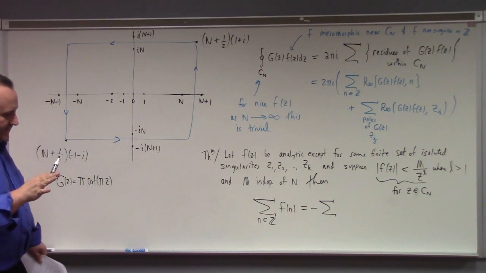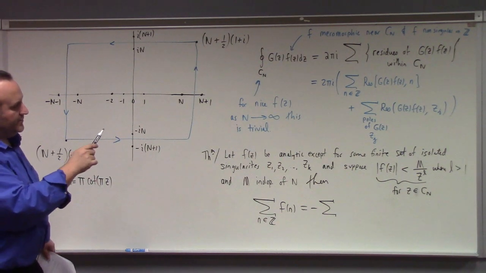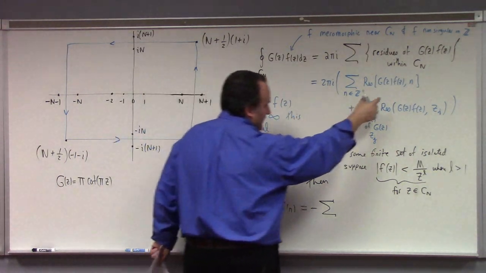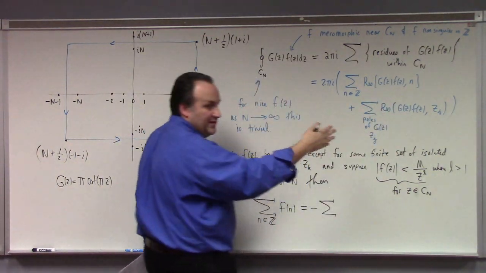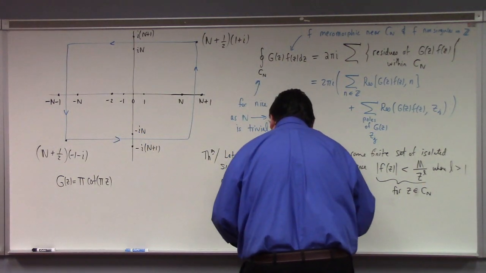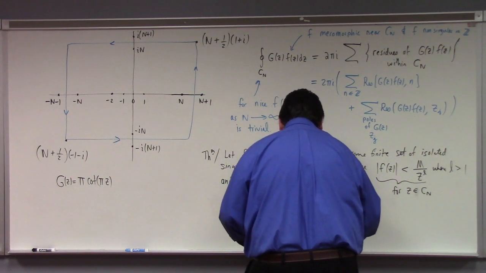Anyway, because this goes to 0, we just divide by 2 pi i, which shows us that this sum and that sum must be equal and opposite. The one is the sum over n in Z of f of n. The other is minus the residues.